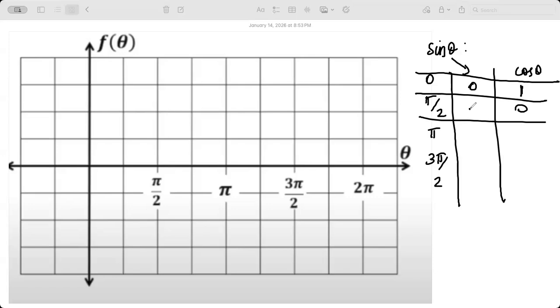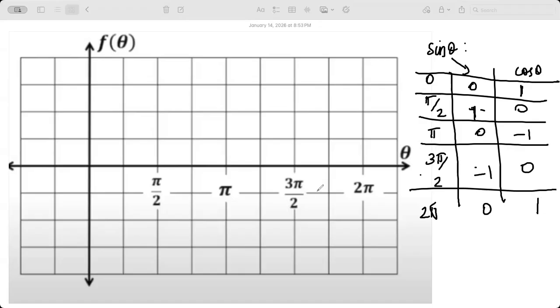From the unit circle, sine pi by 2 is 1, and cos pi by 2 is 0. Now pi is the left side: sine pi is 0, cos pi is negative 1. 3 pi by 2 is at the bottom: 0 and negative 1, correct? Then 2 pi gives your 0 values again.